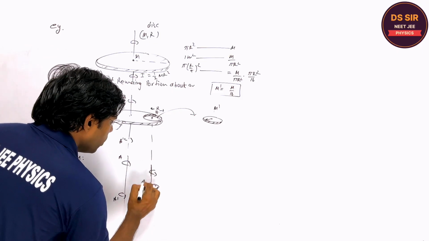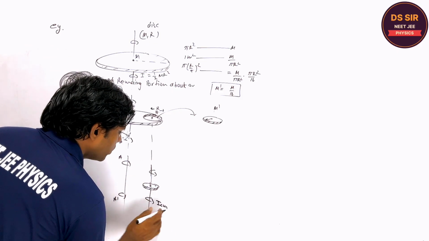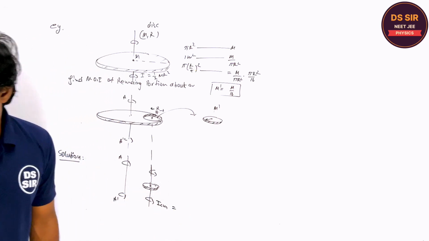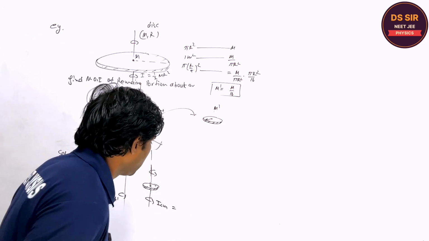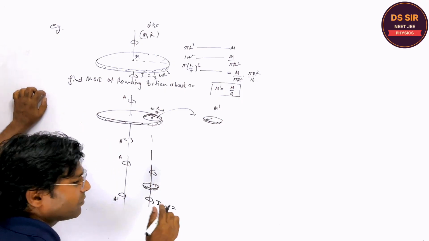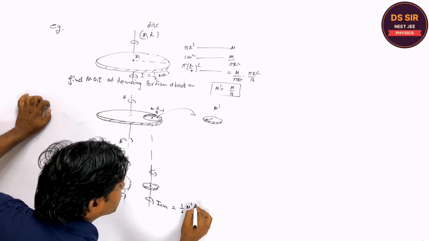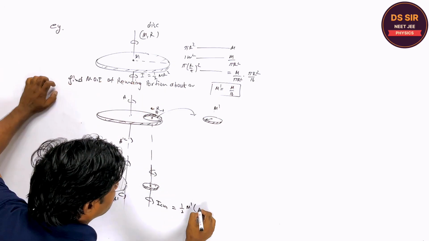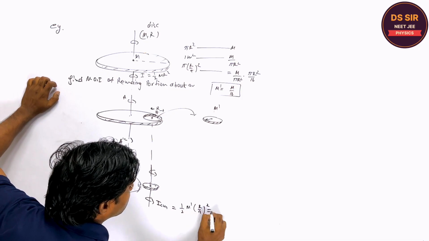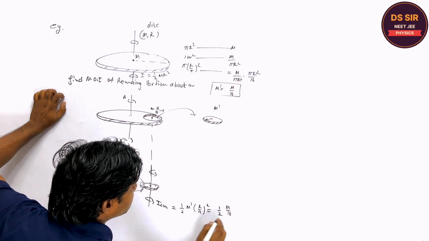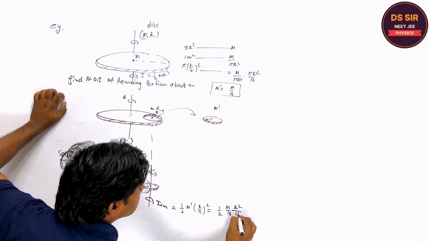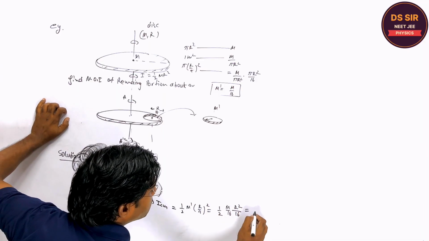Suppose the moment of inertia of this removed portion is ICM. So what is the ICM, you tell? The ICM is half m dash r square, where r is r by 4 whole square. So 1 by 2, and m dash is m by 16, r square by 16.